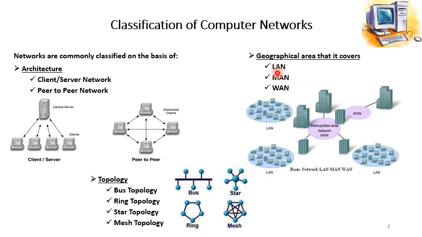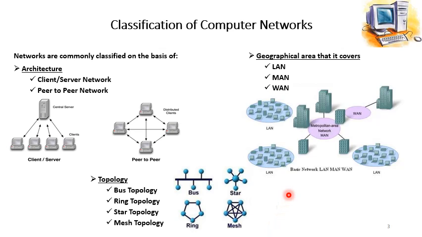So this classification is purely related to the geographical area that a network covers, that is LAN, MAN and WAN. LAN covers the smallest area, MAN covers a larger area as compared to the LAN, but smaller as compared to the WAN, and the largest area is covered by WAN, that is wide area network.